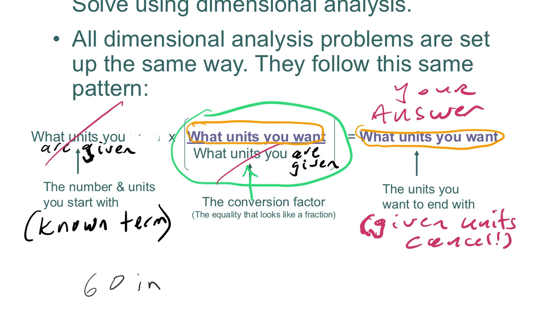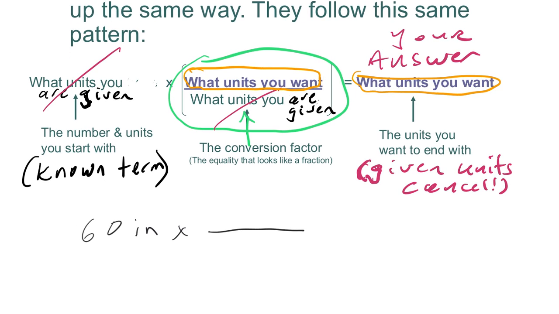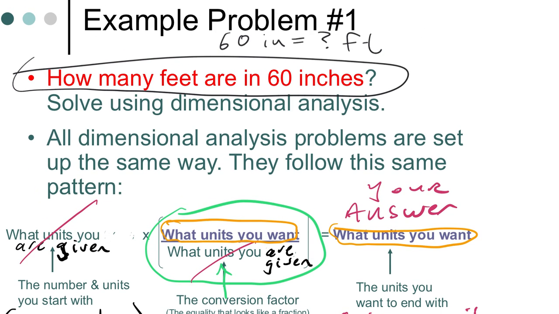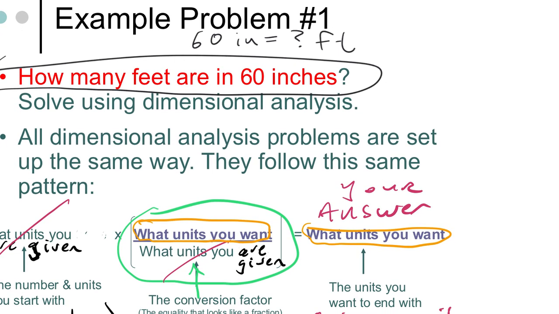The next step would be to multiply this known term by a fraction, actually a conversion factor. Where do you get the conversion factor? You look at a table, but I think we know. We know a conversion factor. What's the relationship between feet and inches? Well, I know that 1 foot is 12 inches.